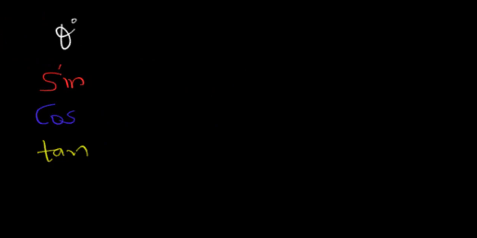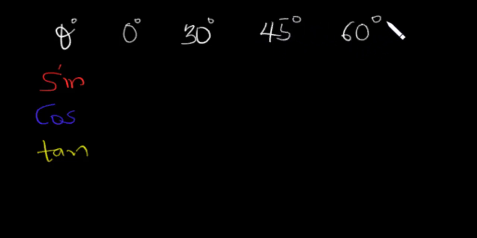Now I'm going to look at some basic angles here: the angle 0, 30, 45 degrees, then 60 degrees, then the last one will be 90 degrees. Normally I do not memorize the trigonometric ratios of these angles.